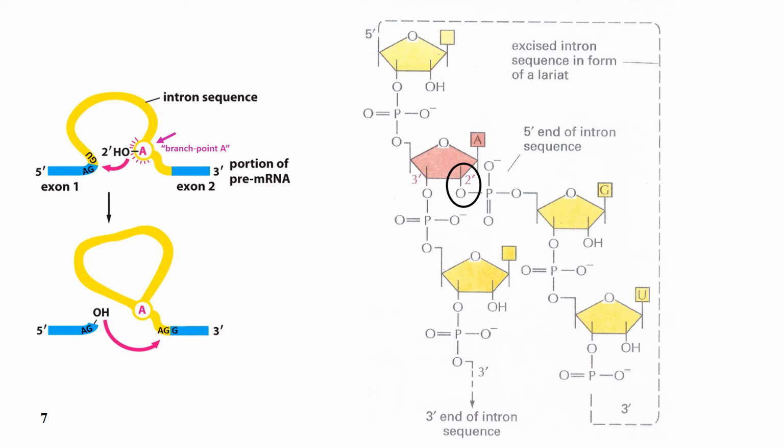In other words, the branch point A is critical because it will be bonded with two different nucleotides, one through its 3' OH and another through its 2' OH. Note that the 2' OH, or the 2' O bond, is going to be with the 5' end of that intron sequence. Again, that nucleotide is identified as a G.